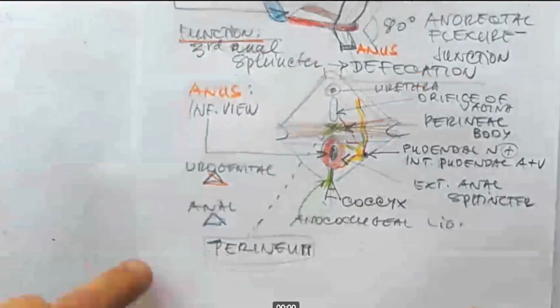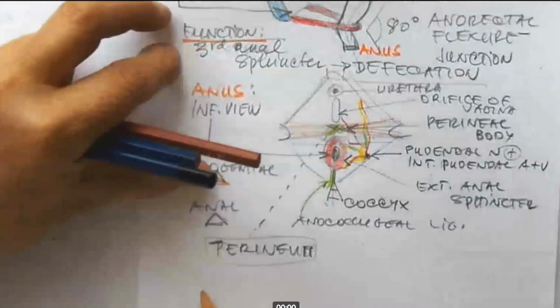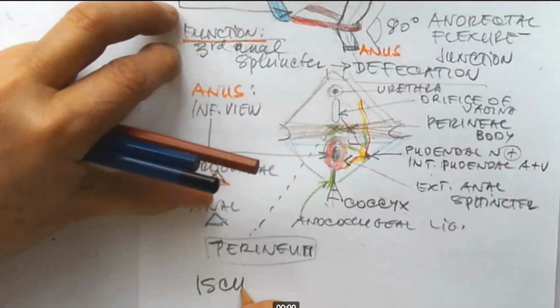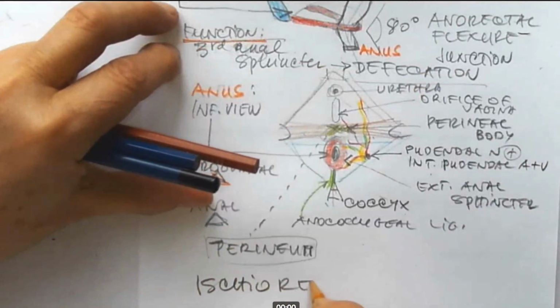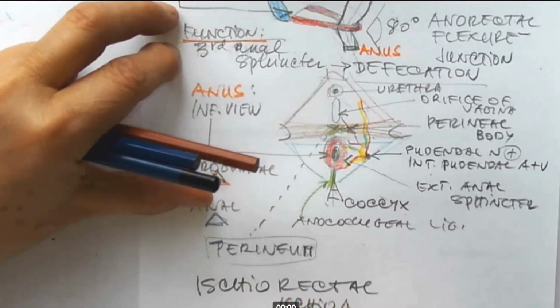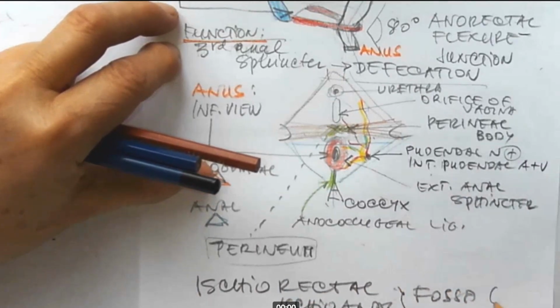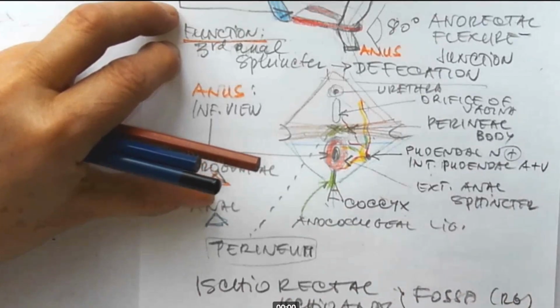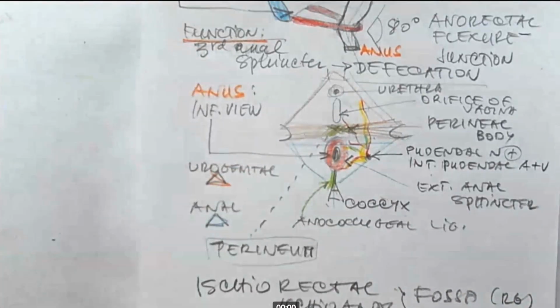So what should be mentioned in the last drawing is the ischiorectal, or ischioanal, fossa, or space, or region. This would be the next drawing.